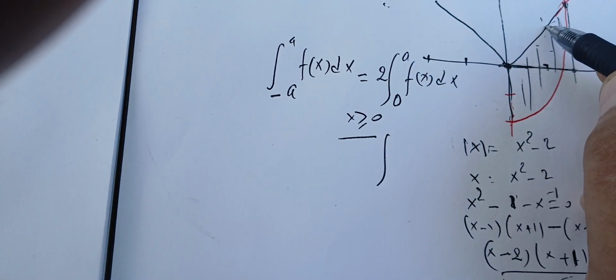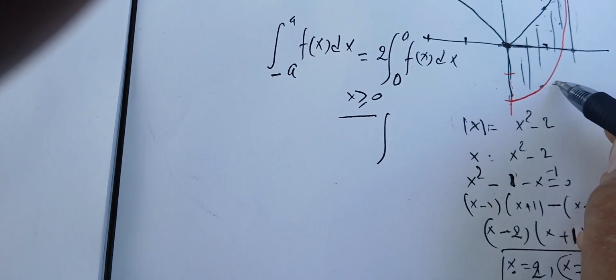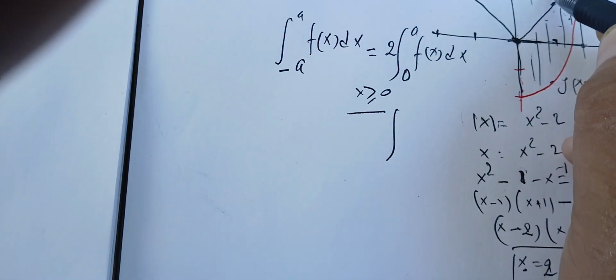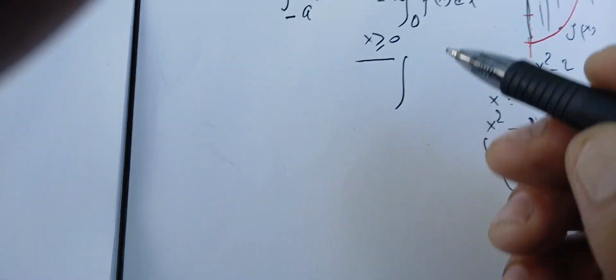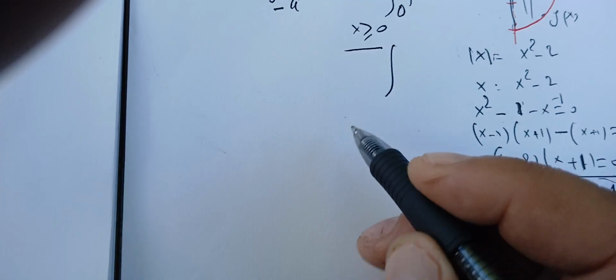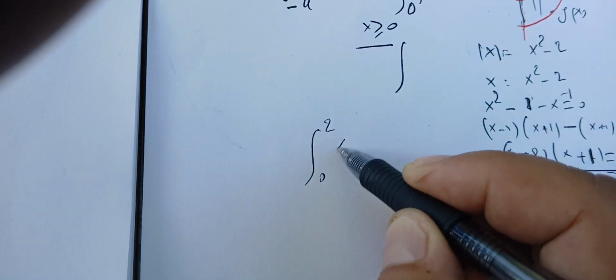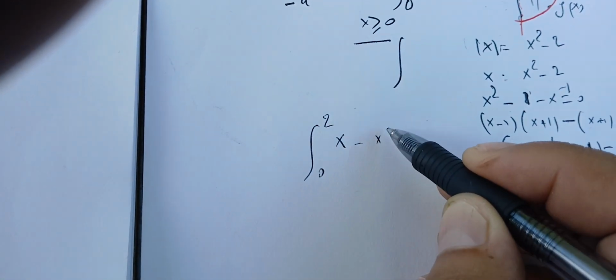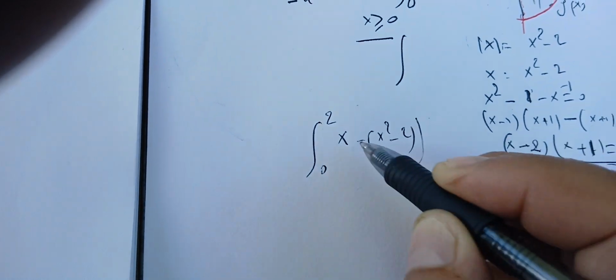My function is going to be f, and this is g. So my area is going to be the integral between 0 and 2 of x minus (x squared minus 2) dx.